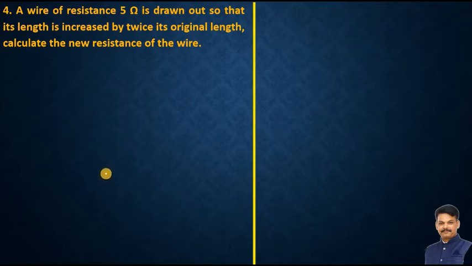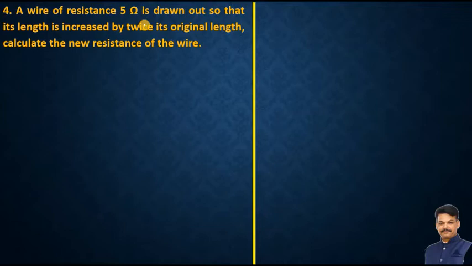Okay, so already we know that the resistance of any conductor depends upon its physical factors also. It depends upon its length as well as its area of cross section. So if any wire is drawn, it means if it is stretched so that its length increases, then simultaneously its area of cross section decreases, isn't it?